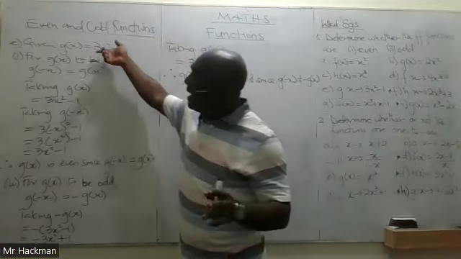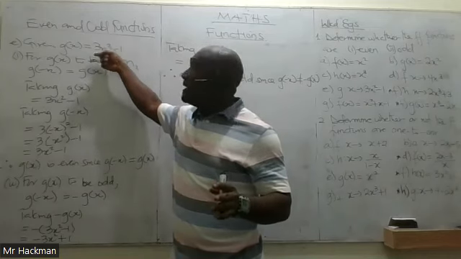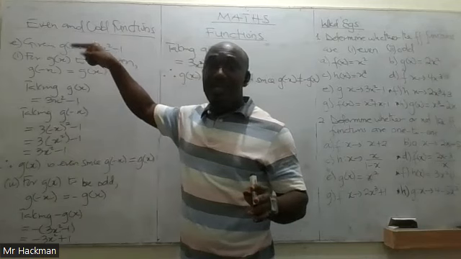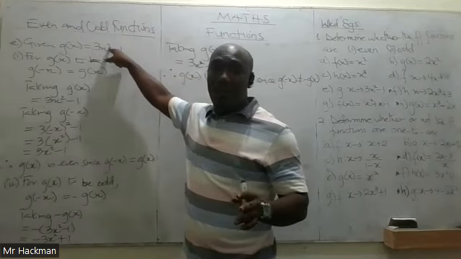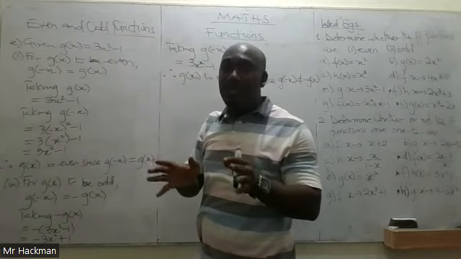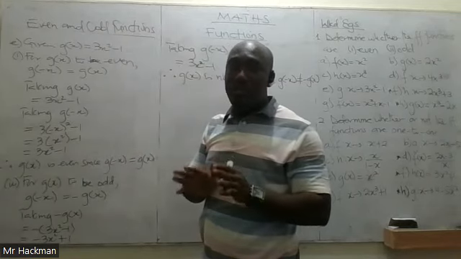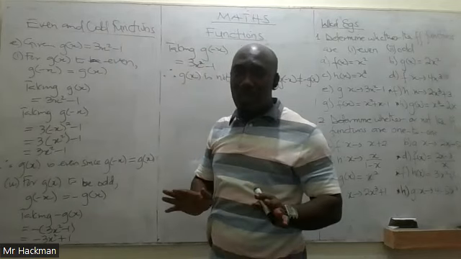I have two terms, but there is only one variable term, and the power here is 2. So my function will be even, because the power of my variable in the only term that contains the variable is 2, which is even. My point well made.